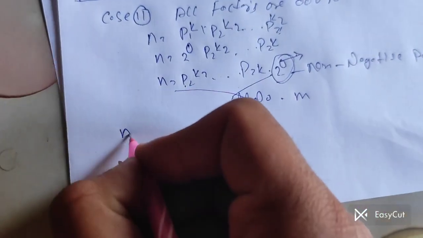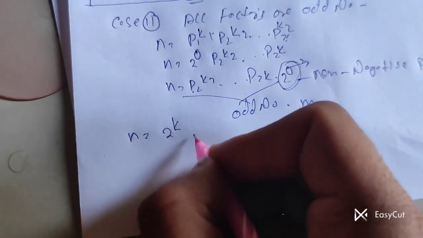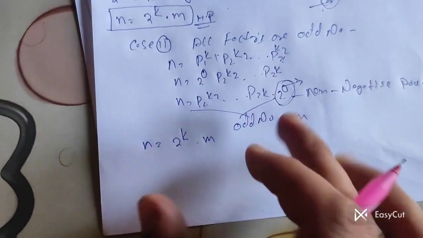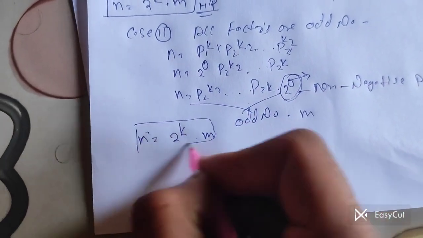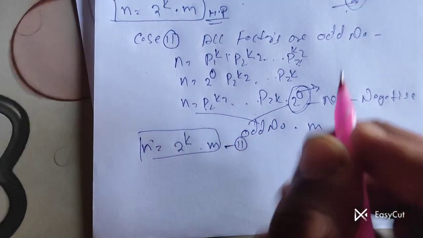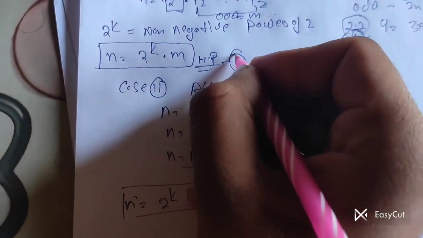So again in this case, n is a factor of 2 to the power k times m, and now this is equation 2 and that is equation 1.